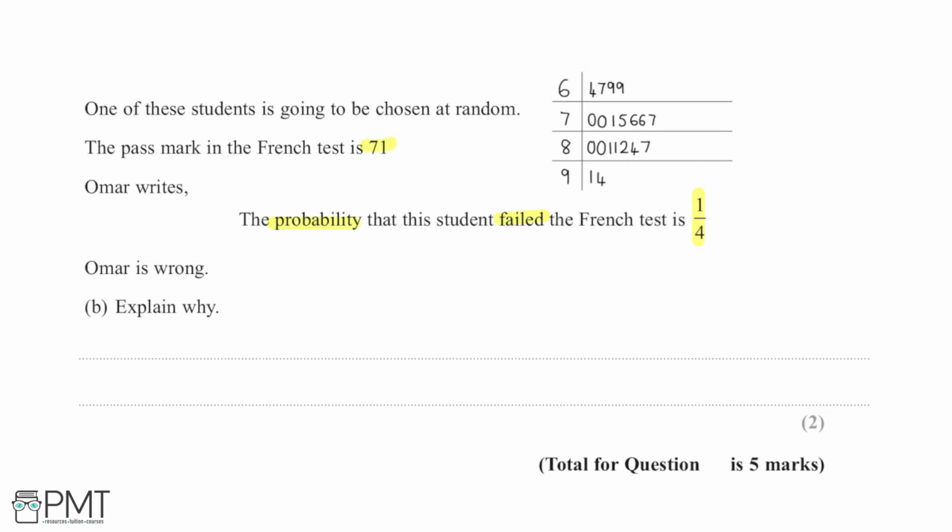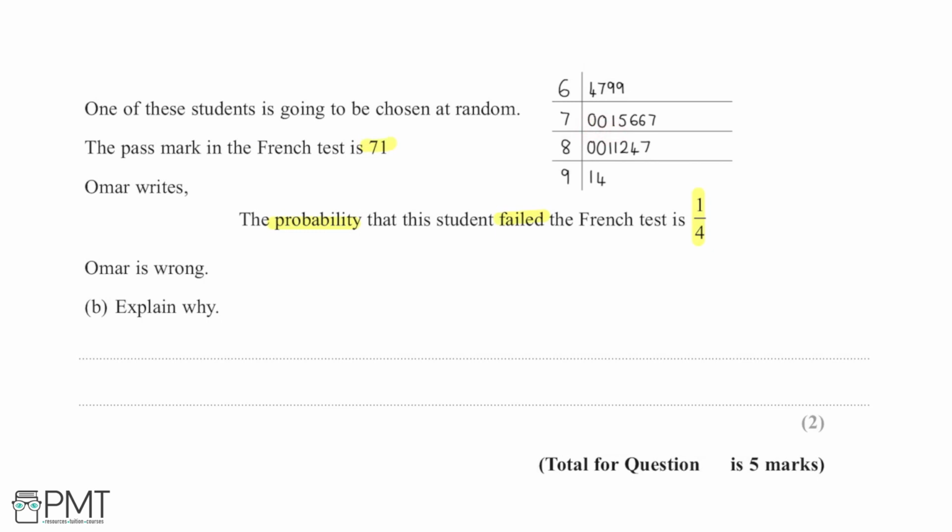So if the student gets a mark less than 71, it's going to be a fail. So any mark up to 70 is going to be a fail. And I can use my stem and leaf diagram to find these values really easily and see how many scores were less than 71. If I look at my diagram, to go up to 70, I'm looking in this row here, the 7, and we have two results which are 70.